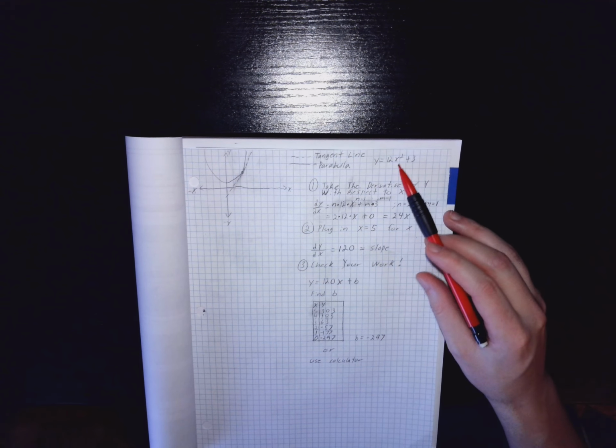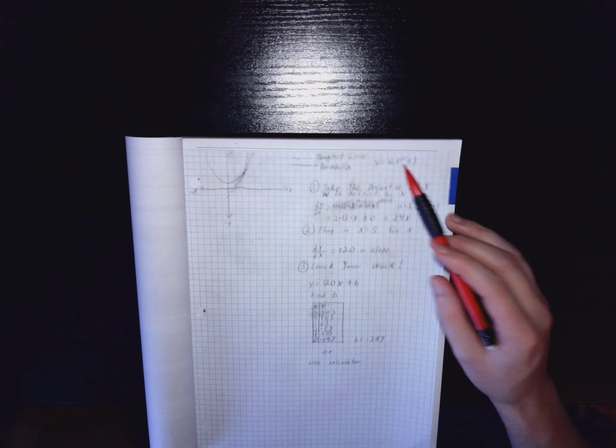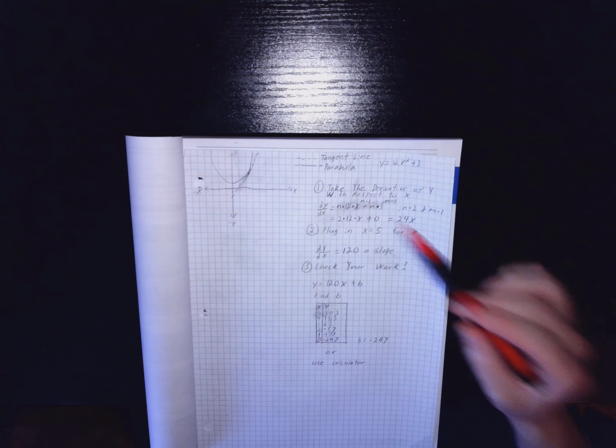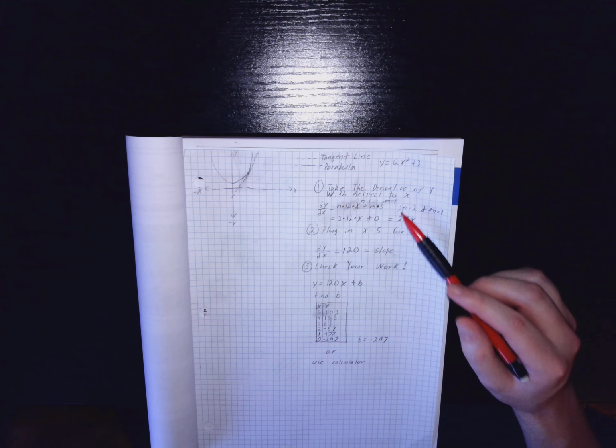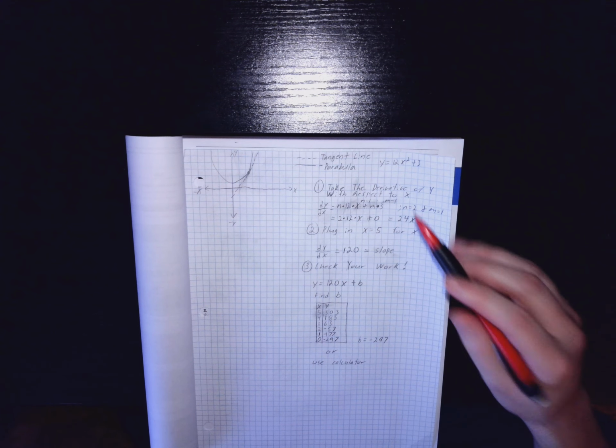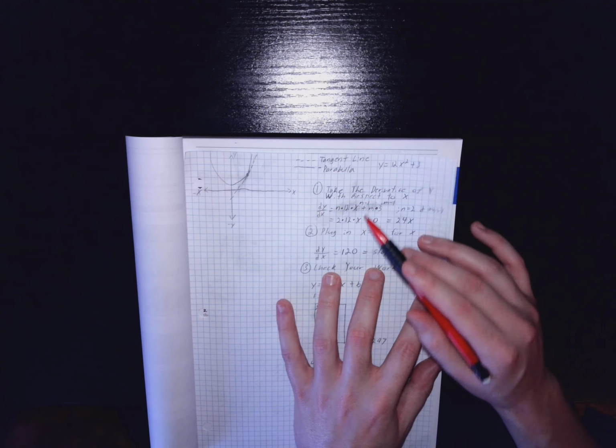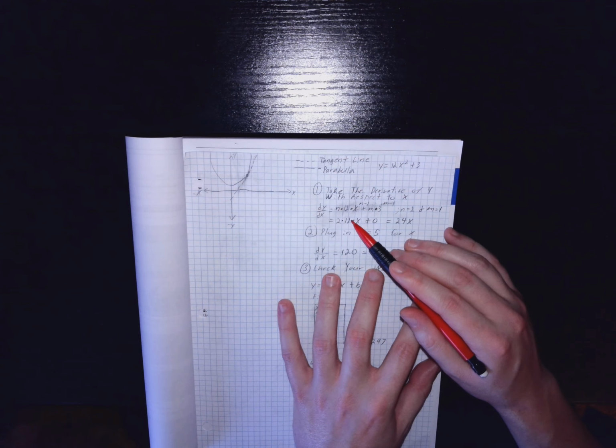Now this is the starting equation for the parabola. So the first step is to take the derivative of y with respect to x. So I tried to break down the derivative process here.